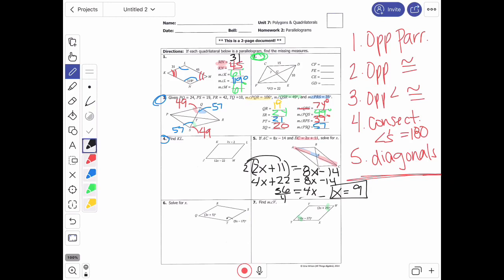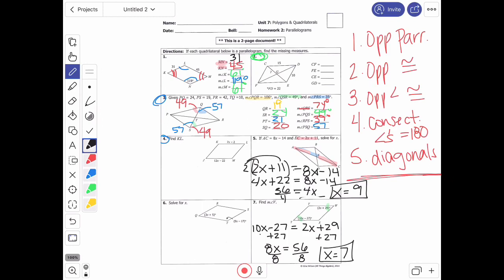So I'm going to take angle Y and set it equal to angle W. So 10x minus 27 equals 2x plus 29. Add 27, subtract 2x, I get 8x equals 56. Divide by 8, and x equals 7.